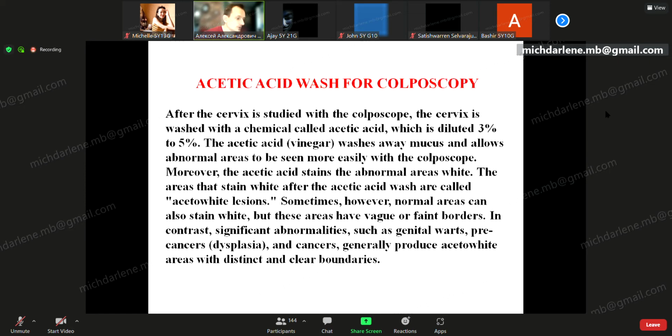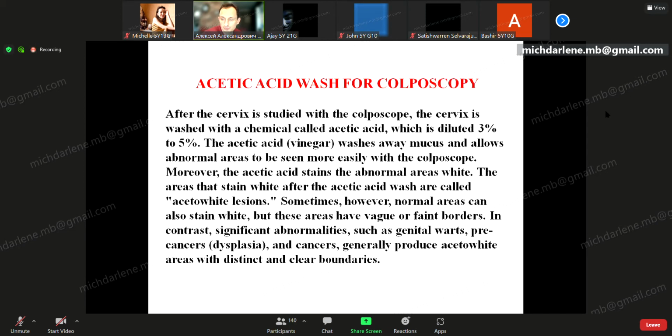And if you're going to work in our specialty, don't forget that using a fluid like acetic acid can help you. What do you need to do? You need to wash the cervix during your speculum examination with that acid. And that's all.